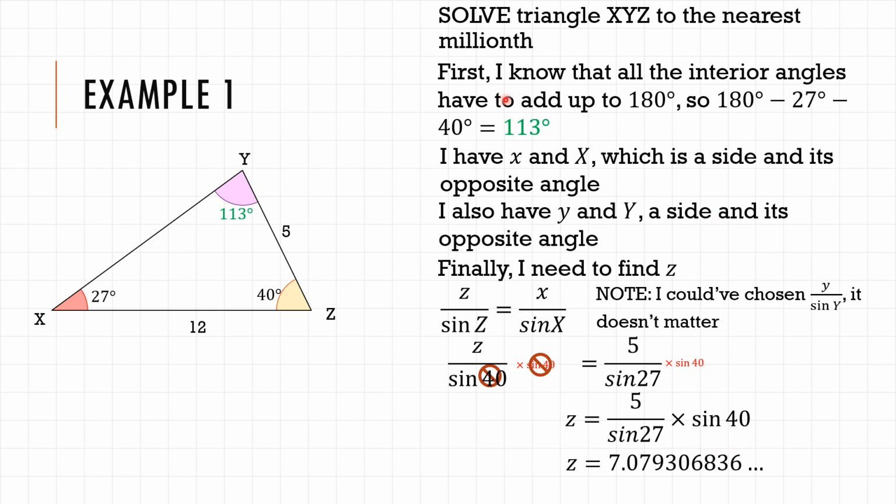We're going to round this to the nearest millionth, and because a million has 6 zeros, that means we're going to use 6 decimal places, and that is the number 6 right here. Now the decimal after that is 8, so we're actually going to round this up to 7.079307. And that's the length of side z, which is this side right here.